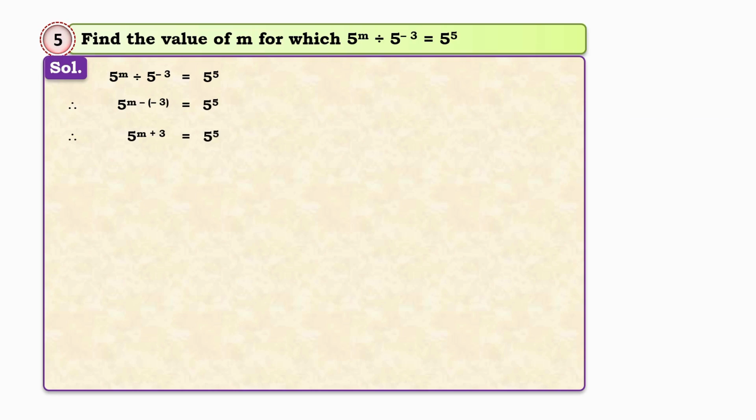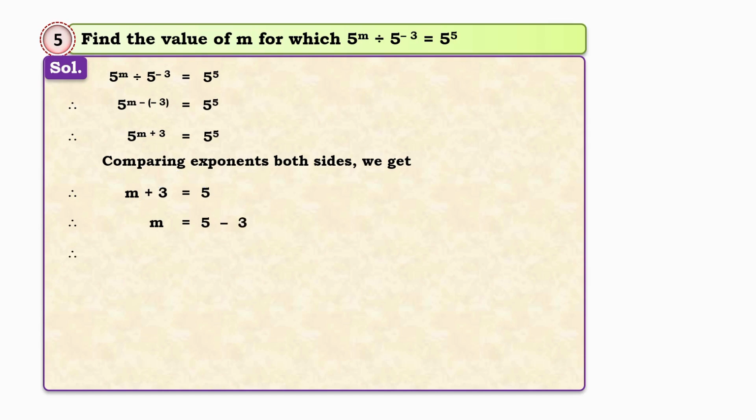If you check both sides of the equal sign, the base is the same and the powers are different. So we just compare the exponents on both sides. So we get m plus 3 equals 5, so m equals 5 minus 3, that is equal to 2. So m should be 2.